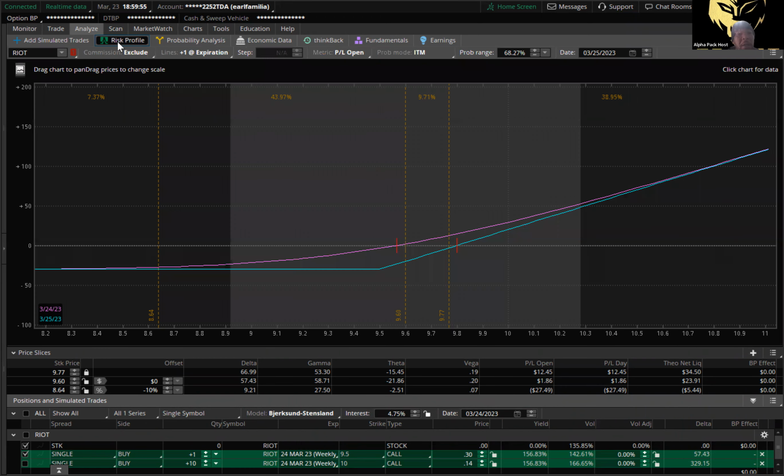Like 9.77, so it's a first target. And 9.82. It's like 50%.